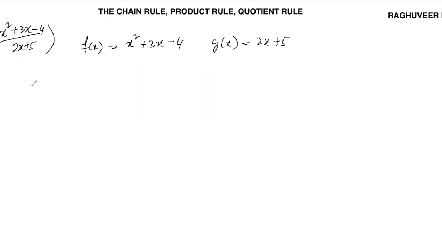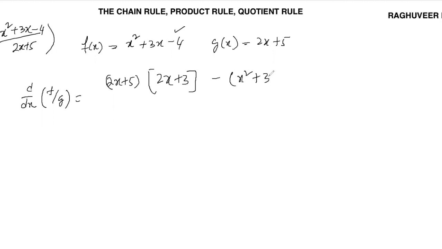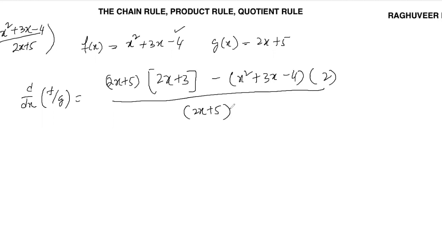So d by dx of f by g is 2x plus 5 multiplied with the differentiation of this, which is 2x plus 3, minus x square plus 3x minus 4 times its differentiation, which is 2, divided by g square, which is 2x plus 5 whole square.